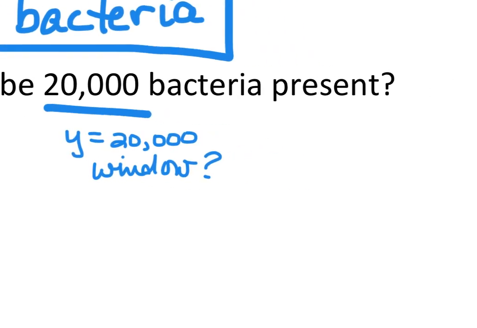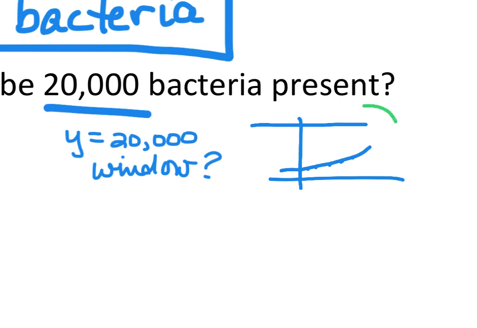And when I do that, what I see in mine is the scatter graph that kind of looks like this. And then the y equals 20,000 looks like that. And I definitely have to draw out the x end of my graph, the x max.